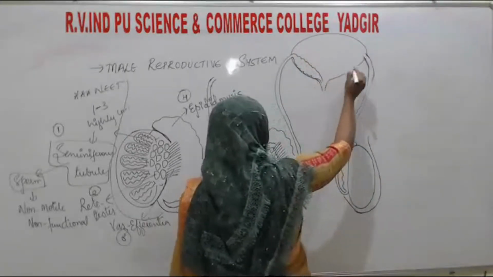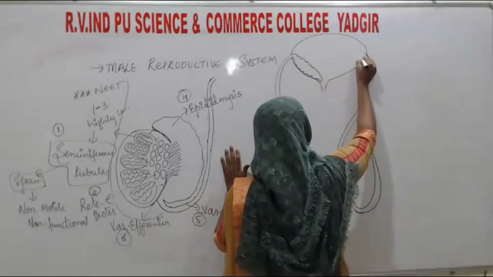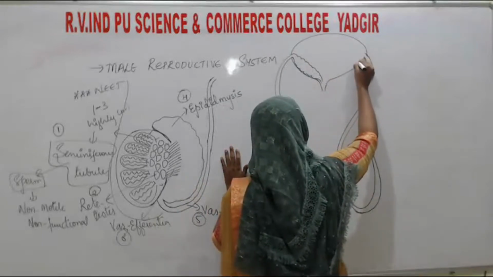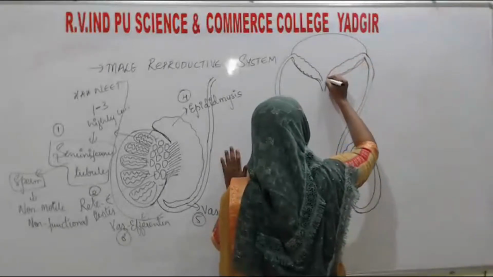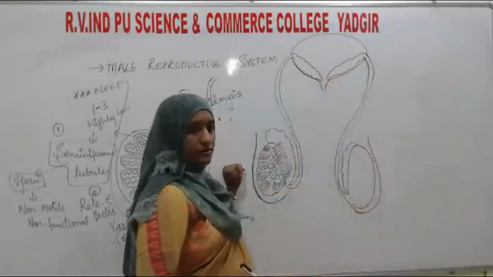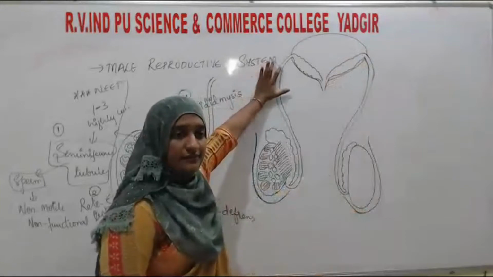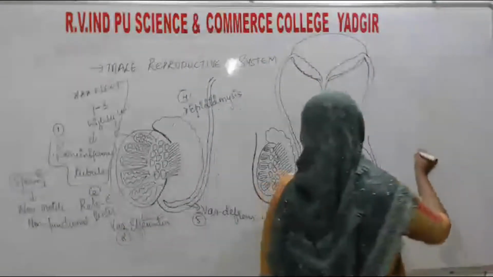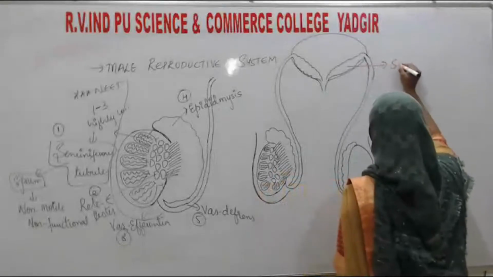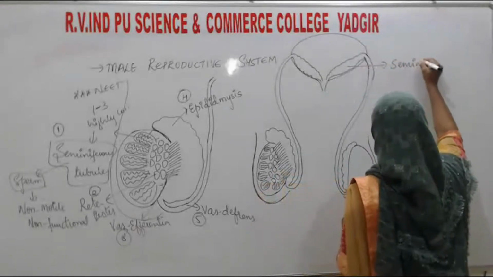This is the gland, that is the seminal vesicle. The ducts of the vas deferens open into a gland, and this gland is known as the seminal vesicle.